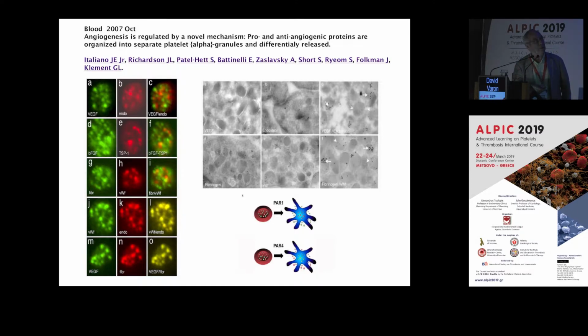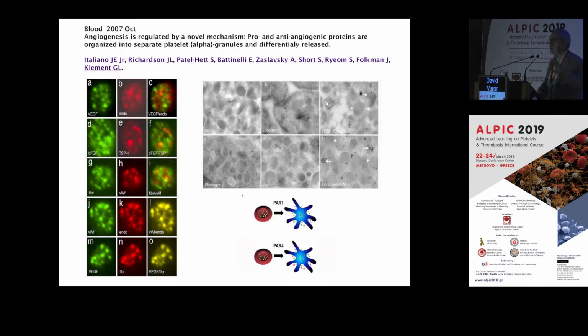In 2007, Italiano and his group were trying to solve this issue by demonstrating that different triggers or different stimulators, PAR1 and PAR4, induce different release of these cytokines, and they even were able to show a differential distribution of the cytokines in specific granules.